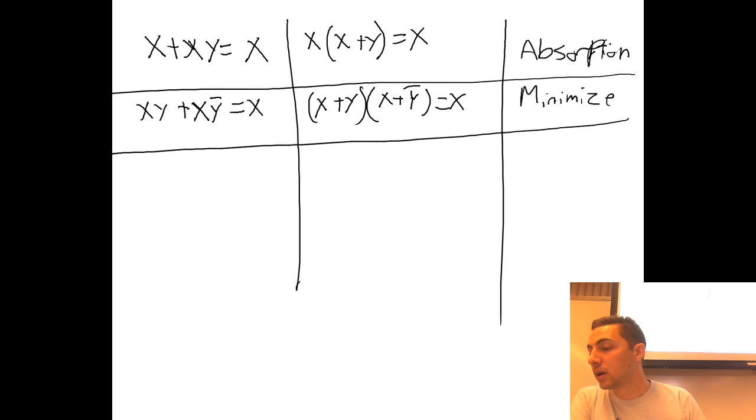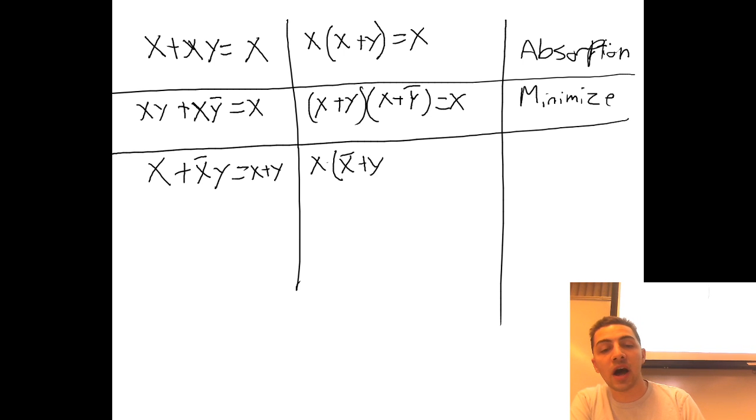Let's see. Oh, we've also got x or x bar y is equal to x or y. And its corollary, x ANDed with x bar or y is just equal to x, y. That's simplification.